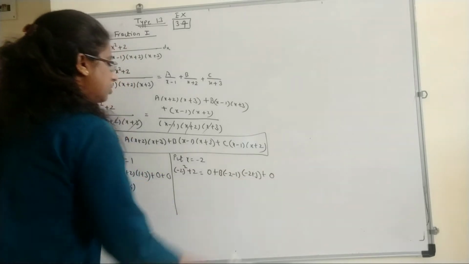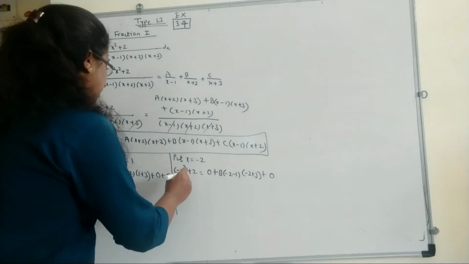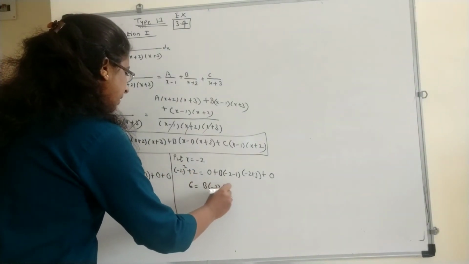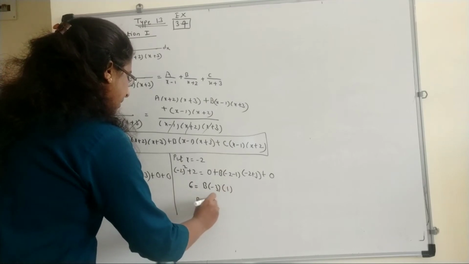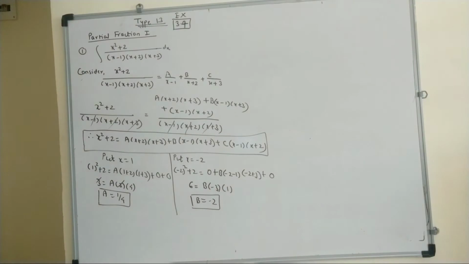And the third term is also 0 in this case. Okay, and so minus 2 square, that is 4 plus 2, is 6. So b into bracket minus 3 and this is 1. So you are getting b as 6 upon minus 3, so b is equal to minus 2.